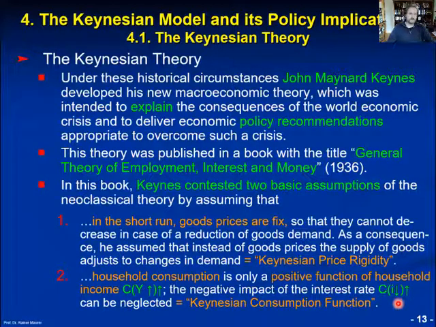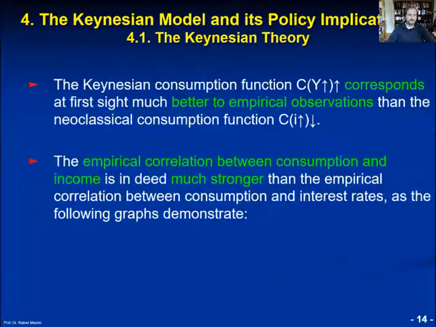This type of consumption function is today called Keynesian consumption function. The Keynesian consumption function corresponds at first sight much better to empirical observations than the neoclassical consumption function. The empirical correlation between consumption and household income is indeed much stronger than the empirical correlation between consumption and interest rates, as the following graphs demonstrate.